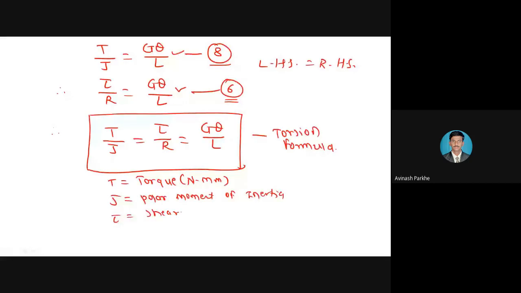R represents the radius of the shaft. G represents rigidity. Theta is the angle of twist, and L is the length of the shaft.